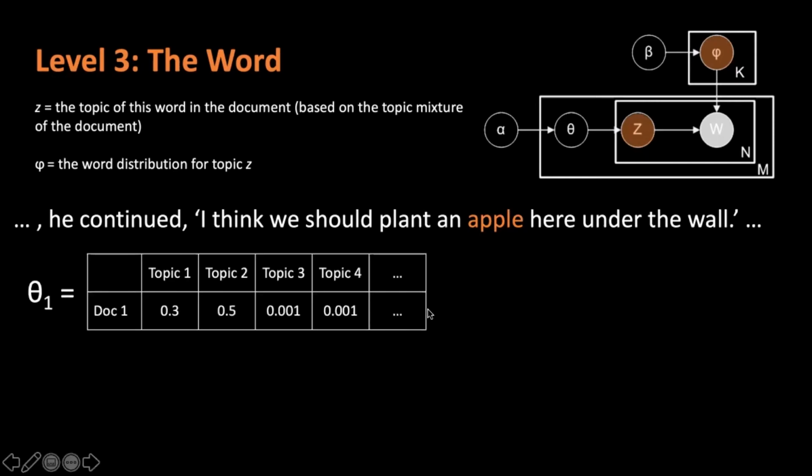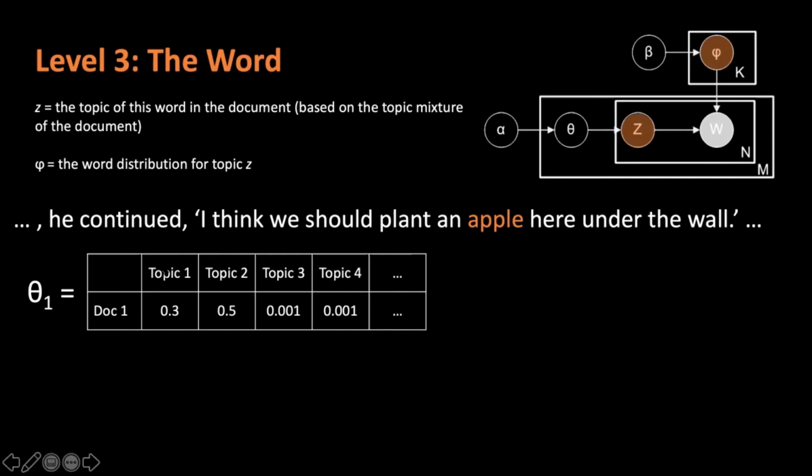Okay, first it needs to work out what topic this word is. So it extracts from the big matrix theta the row that corresponds to this particular document that this sentence appears in, which happens to be document 1. And that gives assignments for a whole bunch of topics.